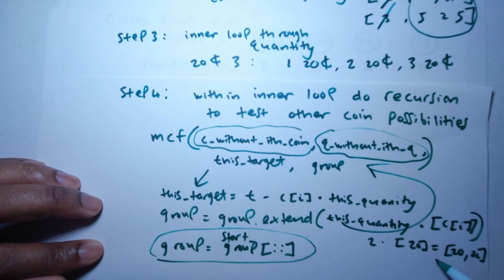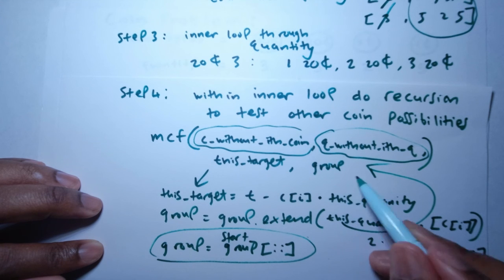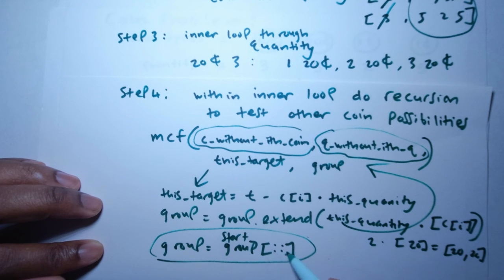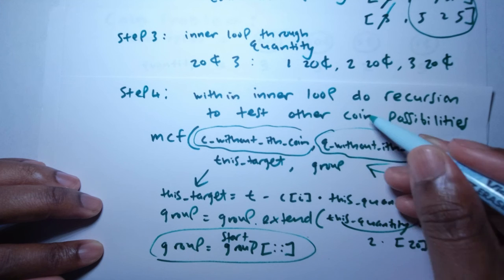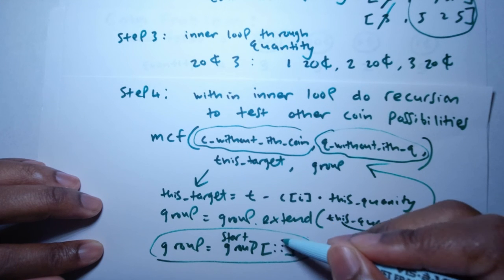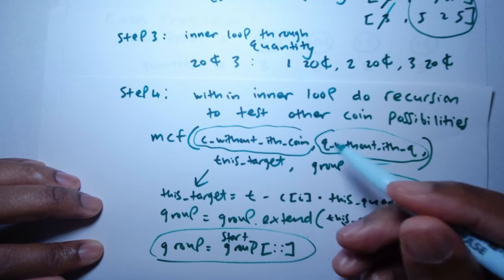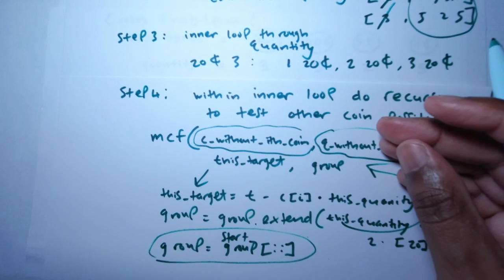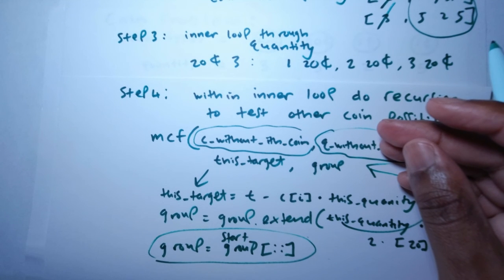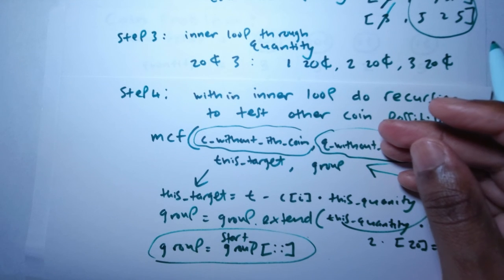So we do 3 times the 20-cent coins, and that's what we would insert into this recursion. And therefore, we want to always reset this so the next quantity loop would have a fresh start group. So that's essentially why you do that resetting there. And that's essentially it. So these are the high-level steps that you would do in order to calculate the value.